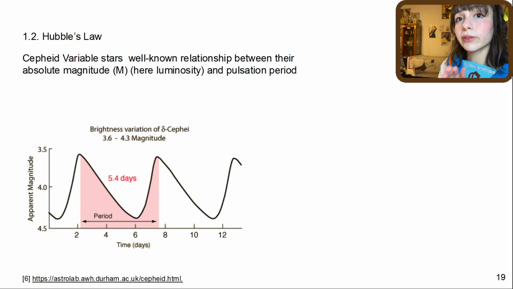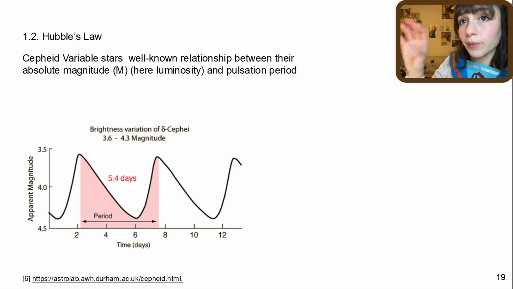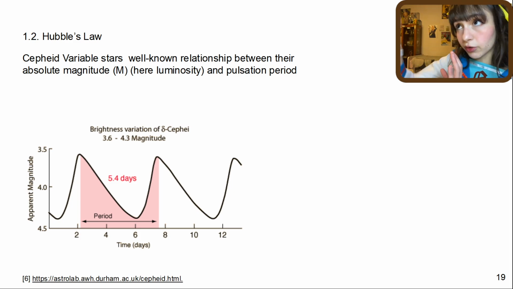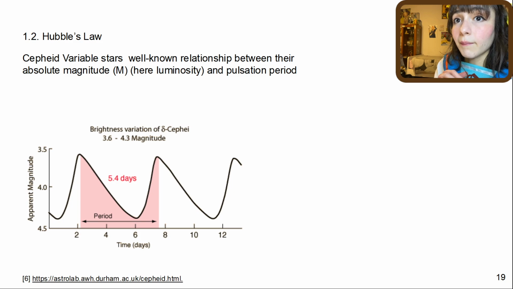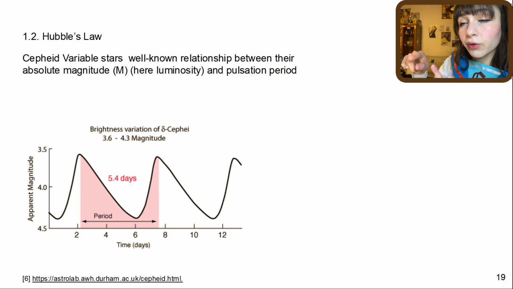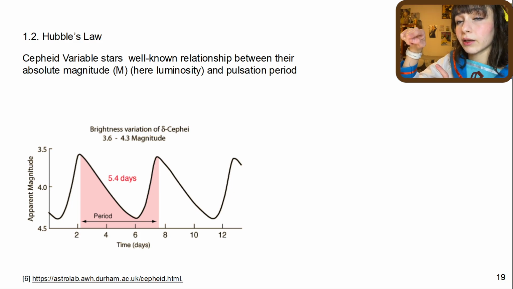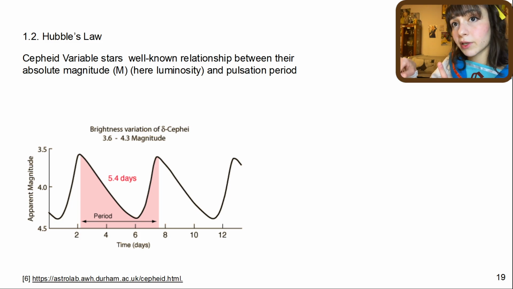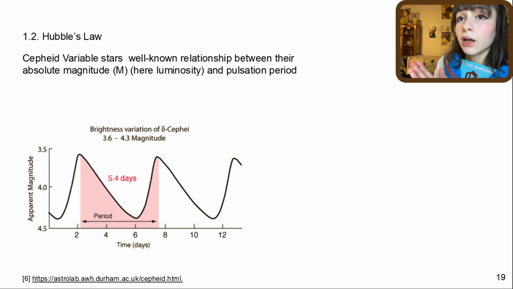So you can look at their apparent magnitude, which is the magnitude that you actually measure when you're looking at them. And you calculate the period of this dimming, becoming brighter, dimming, becoming brighter, which goes on for several days. This is obviously not a short process.